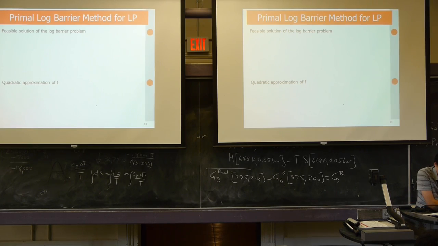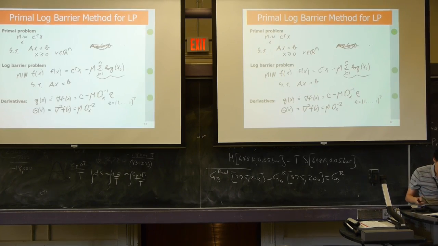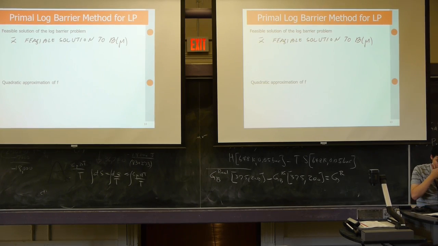So the idea is that we start from, say, x bar, which is a feasible solution to this barrier problem with parameter mu, right? So this is B of mu.